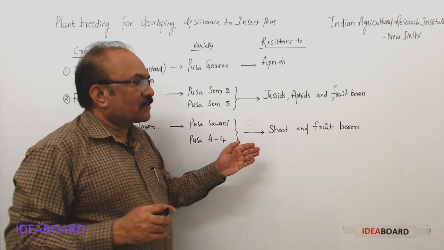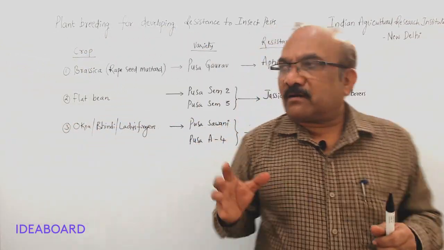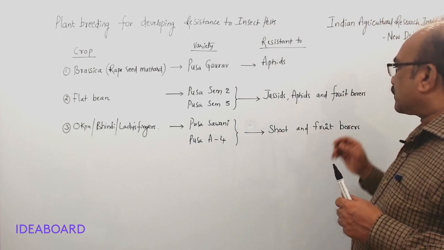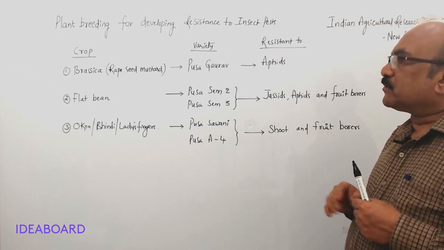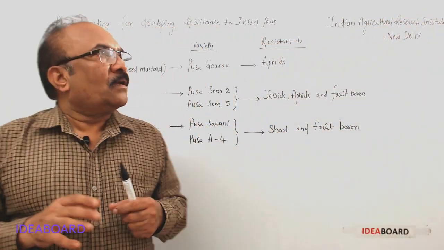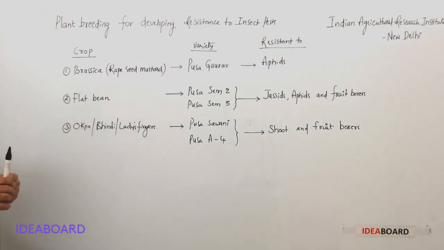So which insects are not visiting these varieties? The shoot borer and fruit borers. So these examples you have to memorize. So that is about this plant breeding for developing resistance to insect pests.